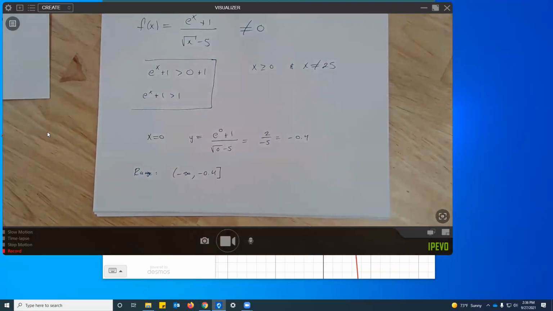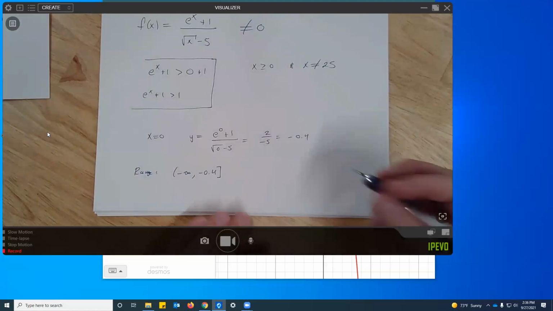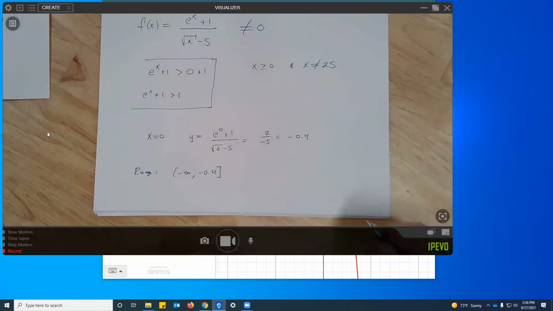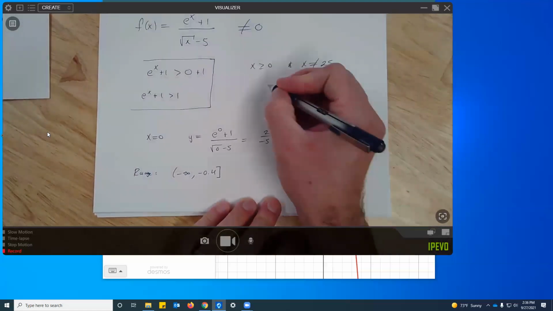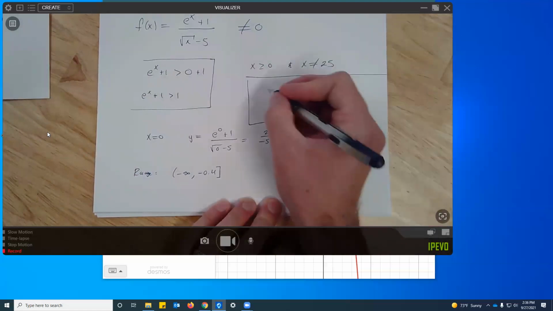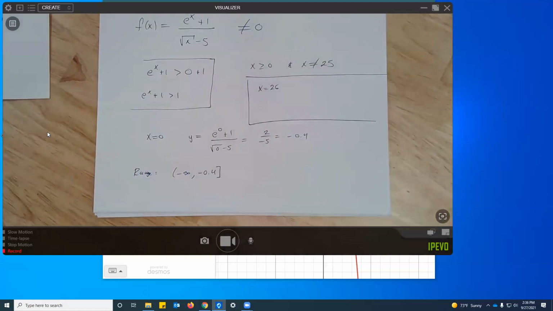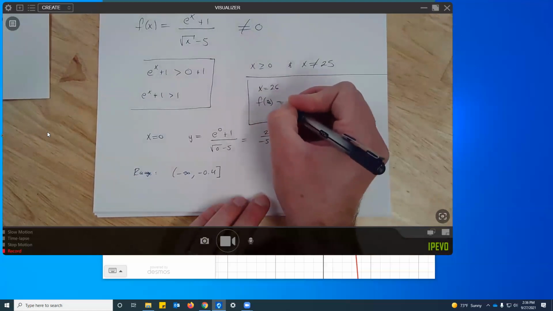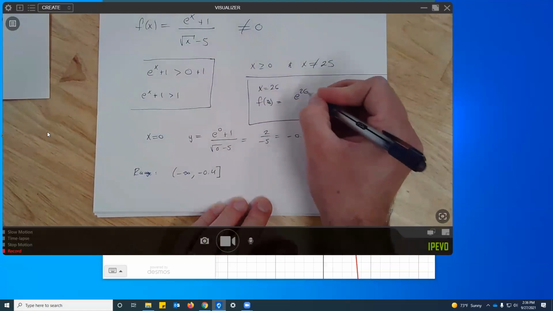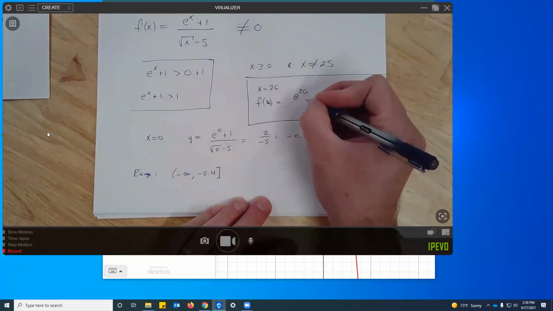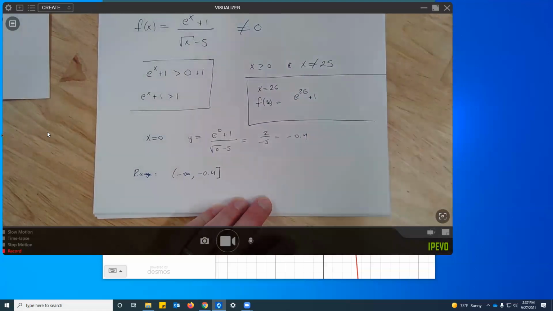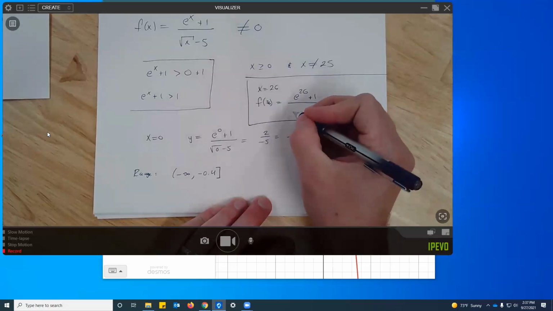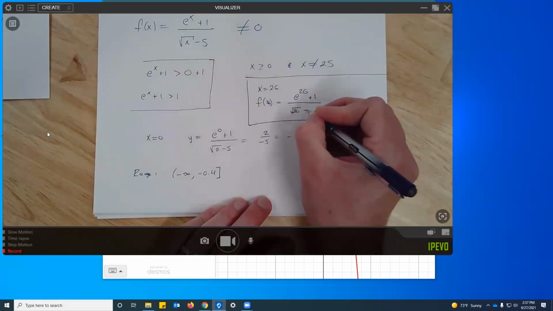What I want to mention is that that is not the whole story. Let me point out, if x were bigger than 25, say if x were 26, f of 26 would be e to the 26th power, which is a gigantic number, plus 1, divided by the square root of 26 minus 5.